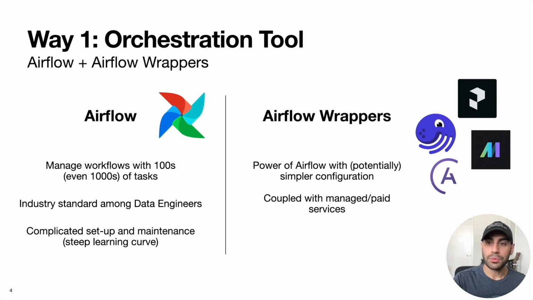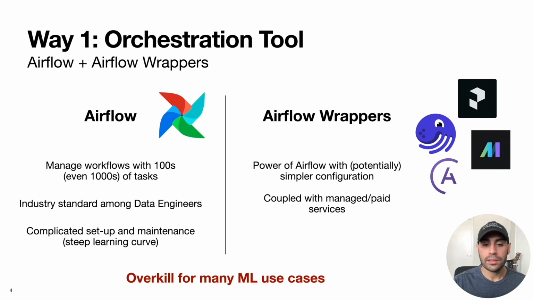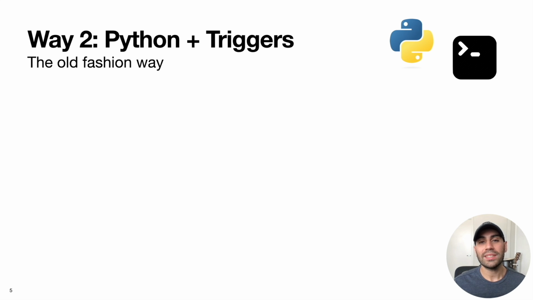However, to my knowledge, most of these have open source versions if you want to go the self-managed route. Regardless of what orchestration tool you want to use, for many machine learning applications where there's a relatively simple data pipeline, these tools may be overkill and may overcomplicate your machine learning system, which motivates the second approach to automating data pipelines, using Python plus triggers.